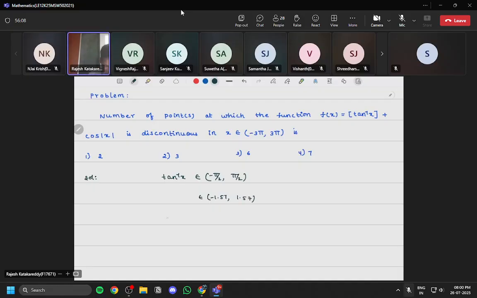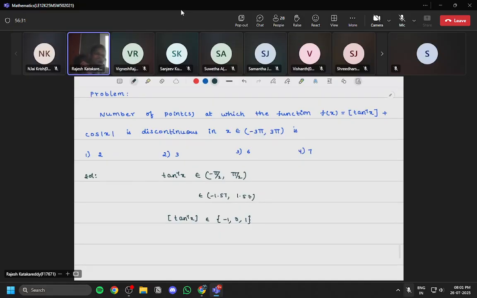The greatest integer will be... They can put cot inverse. If they want, they'll put sin inverse, cos inverse. Range only.